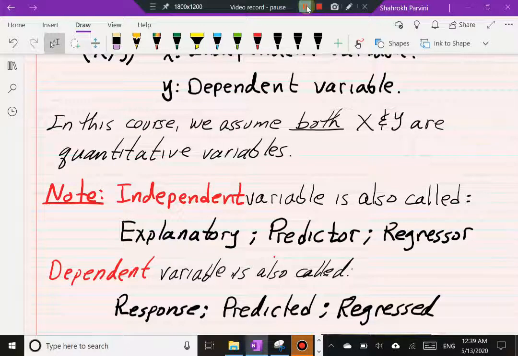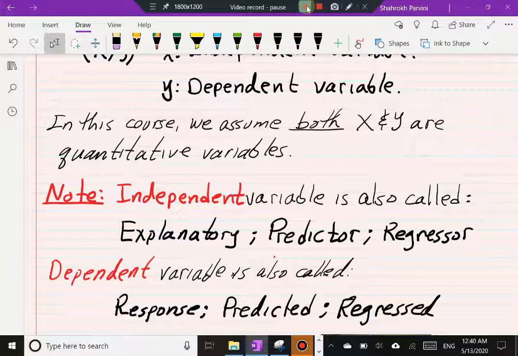The independent variable is also known as explanatory, predictor, or regressor. The dependent variable, on the other hand, we often refer to as the response variable or predicted variable, and it's also called regressed.